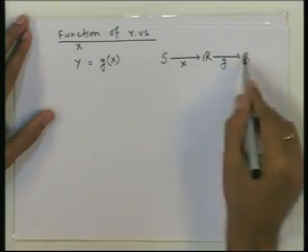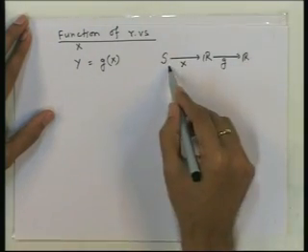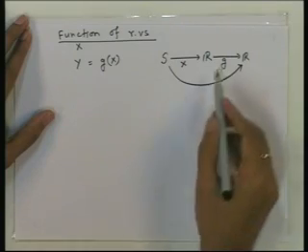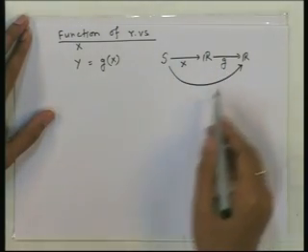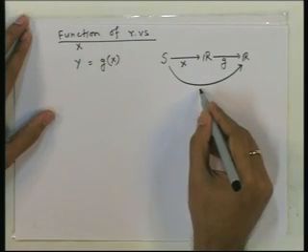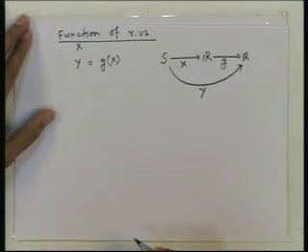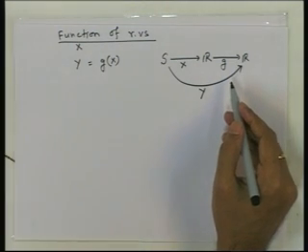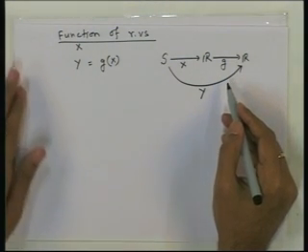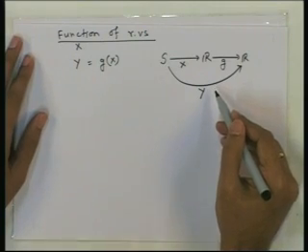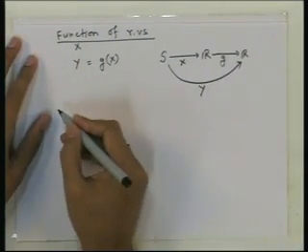This mapping from s to r, which is g and x together, is also a mapping of s into r, and that is our random variable y. So, this random variable y also will have some probability distribution, and if it is a continuous random variable, it will have density function. So, let us consider an example.